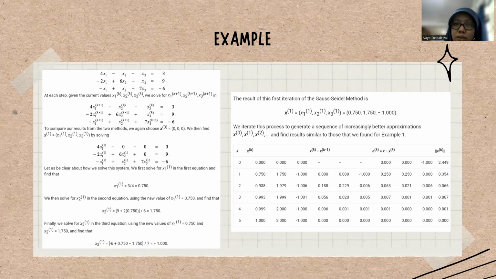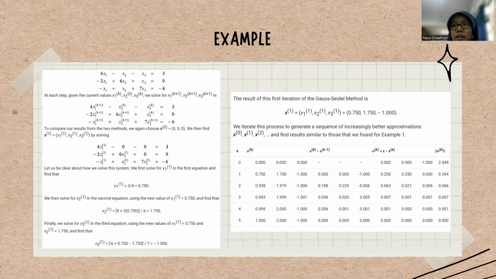The result of this first iteration of the Gauss-Seidel method, x1,1, x2,1, x3,1, is equal to 0.75, 1.75, and minus 1. We will iterate this process to generate a sequence of increasingly better approximations x0, x1, x2, and find results similar to those that we found for example 1.